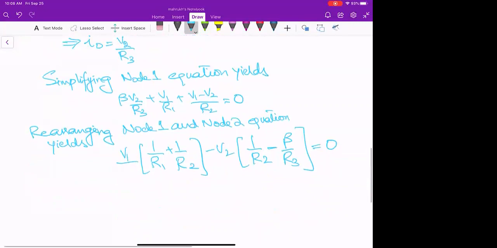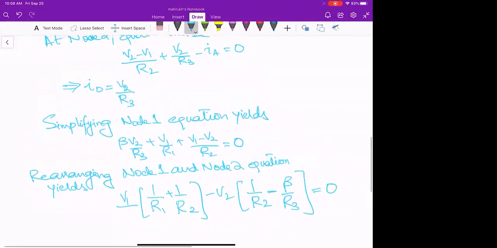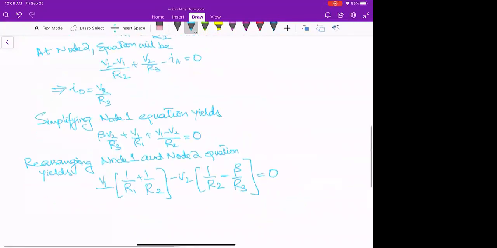And if I write the second node equation, that is this one. Okay. I should do minus V1 over R2 plus V2, 1 over R2 plus 1 over R3 is equal to IA.